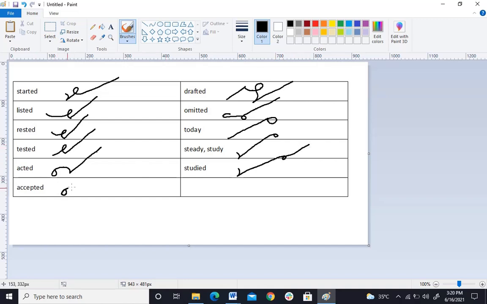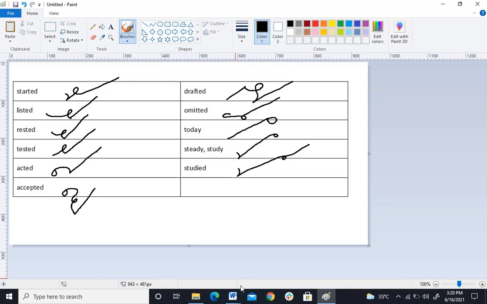Accepted. Baliktad pala yun. We have accepted. Okay? So, ayan. Nakita nyo naman, diretso lang, pero mas mahaba siya kaysa kay letter D.